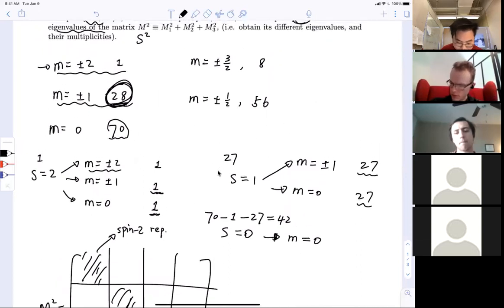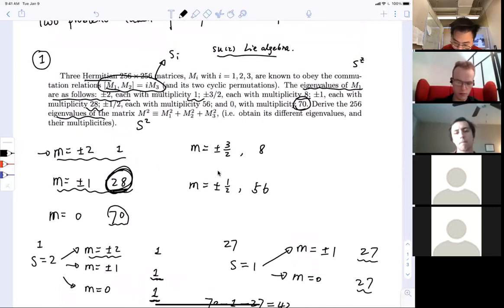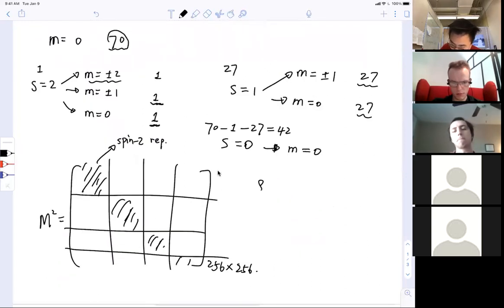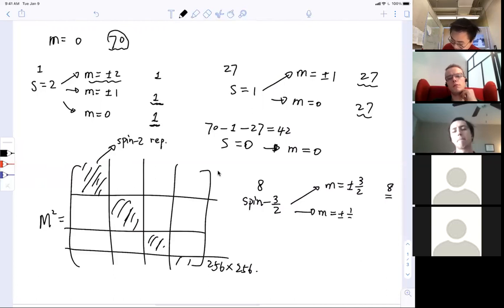Right, and similarly, there are 8 with 3/2, meaning that there are 8 spin 3/2 representations, because this would give us m equal to plus or minus 3/2, with degeneracy 8, and also m equal to plus or minus 1, also 8.